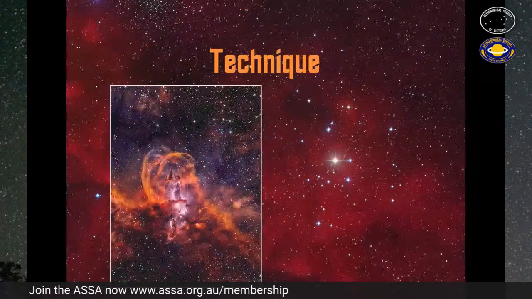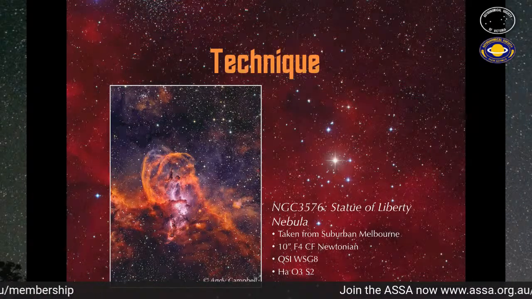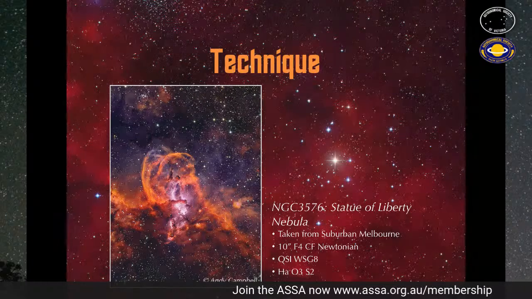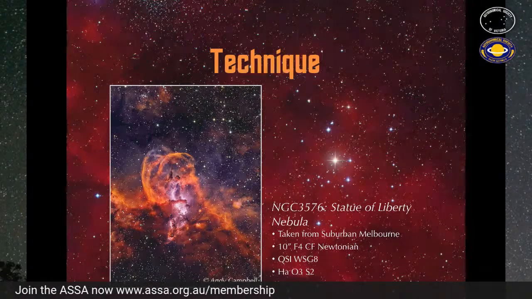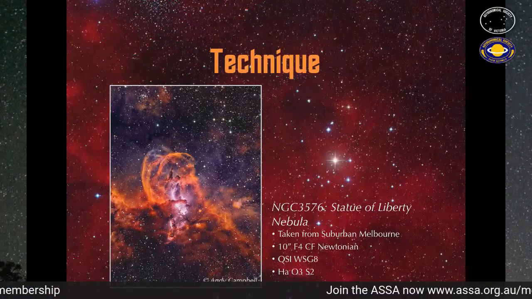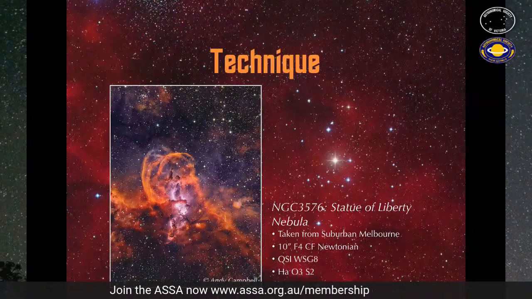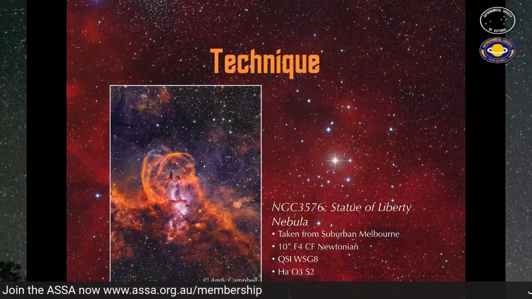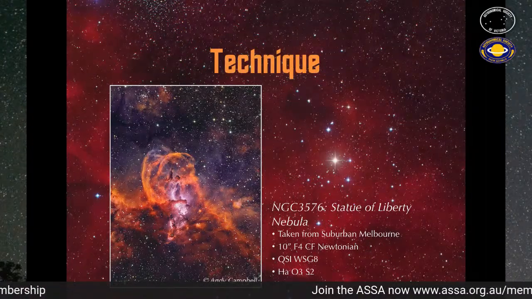There you go. So here's another technique that's been popular and coming in well lately. This is the classic Statue of Liberty nebula. It's appropriate for our American friends right now that we see this one. I think it's Stephen Maslin, an American astrophotographer, who coined this popular name for this thing, which is interesting because it's in the southern hemisphere and they can't see it.